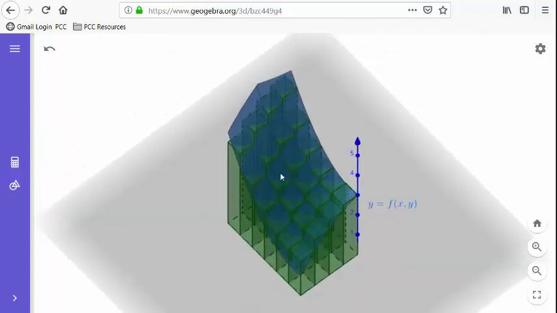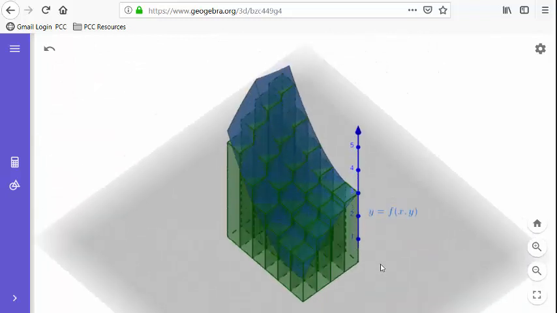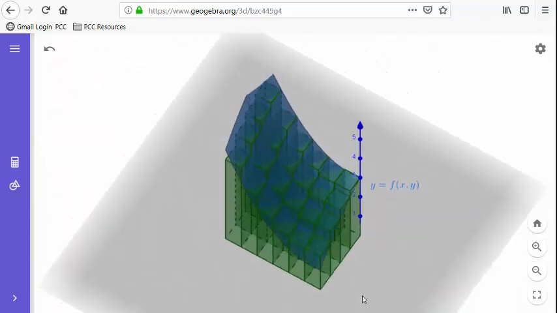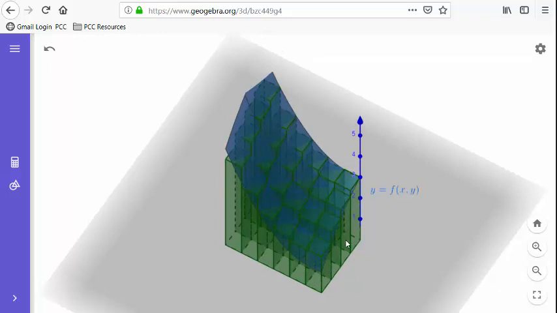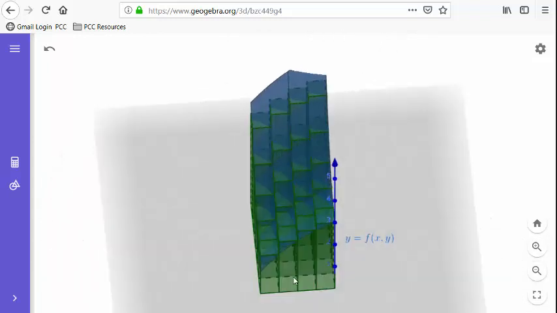So as we cut up this region into these rectangles, we can get the volume of each of these rectangular solids by multiplying their width times their length times their height, and choosing their height.